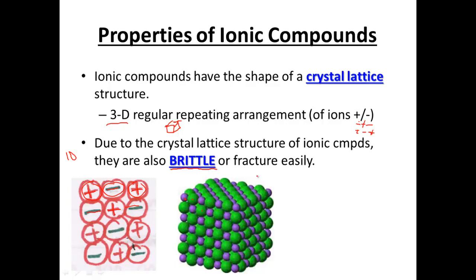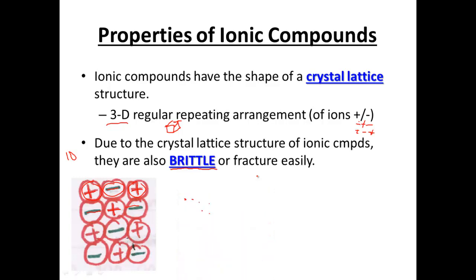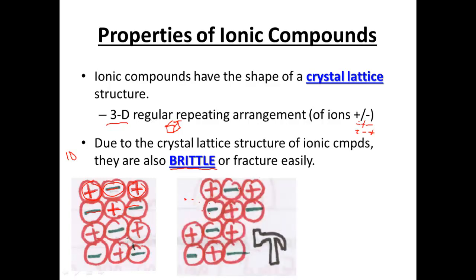Now the problem is it's held together very strongly, but if we apply enough force to it, you can draw a little hammer to hit our object with, the atoms are going to move over. And if they move over, notice how the positives are now lined up and the negatives are lined up. We know that opposites attract each other and likes repel each other.